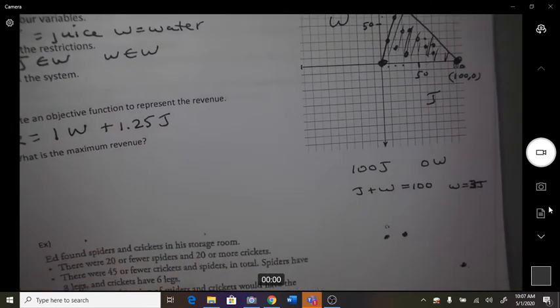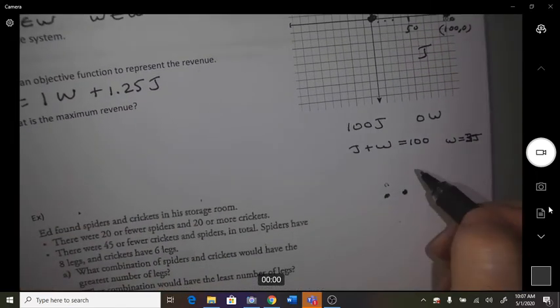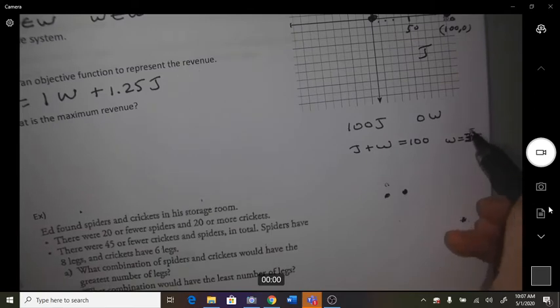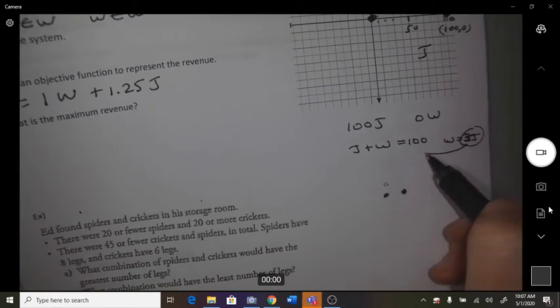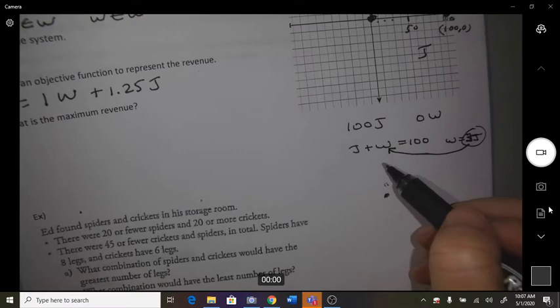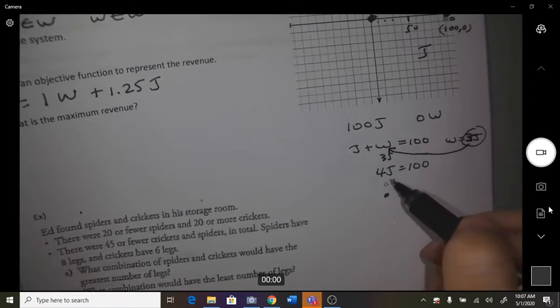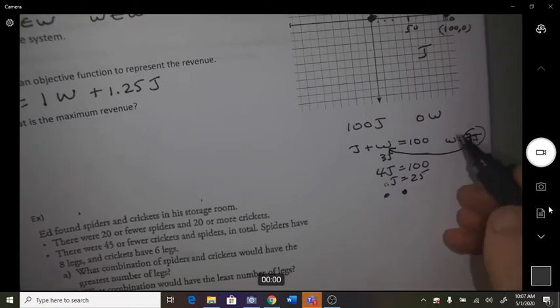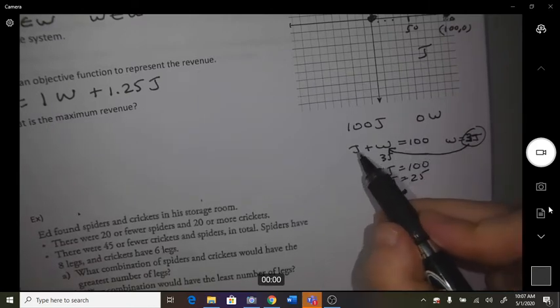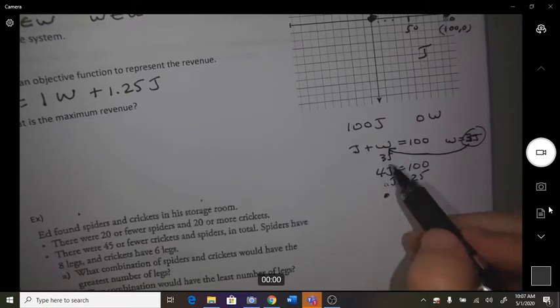So those are the 2 lines that we have. And this W equaling 3J, I can put it there. So 4J equals 100, so J equals 25. And then if J is 25, W is 75.